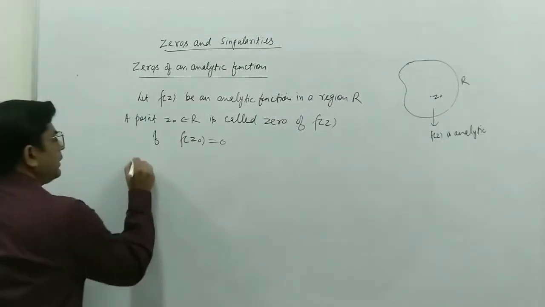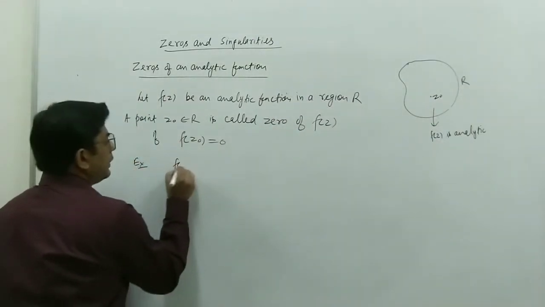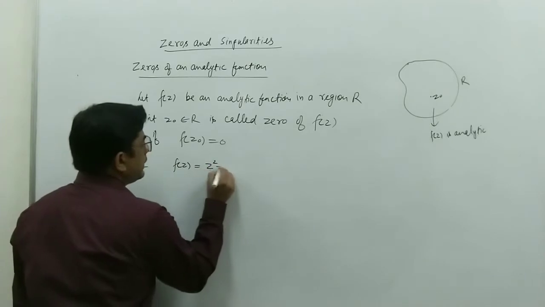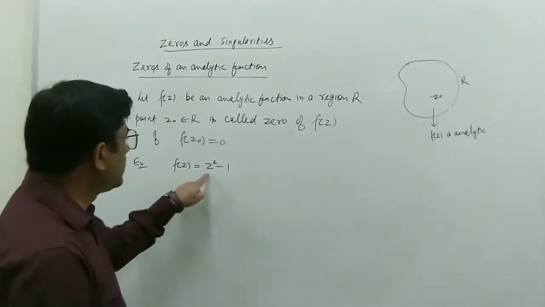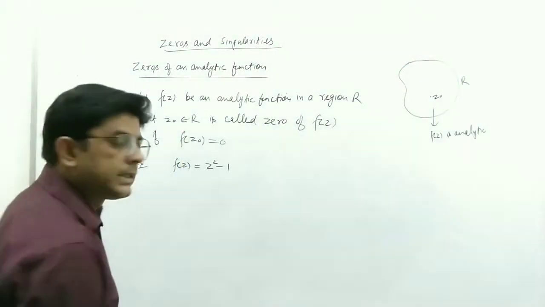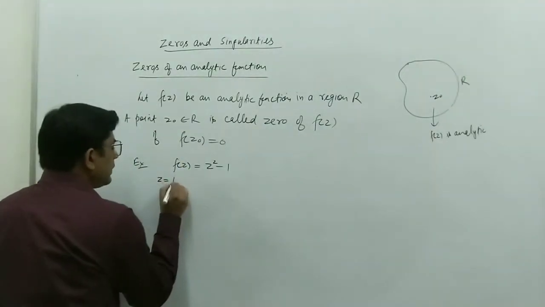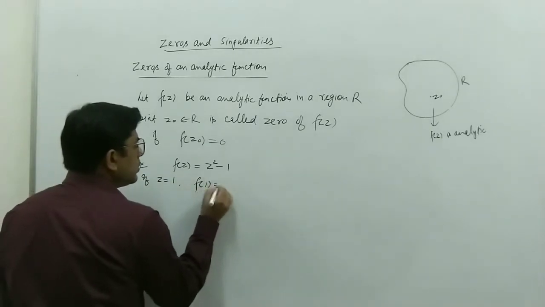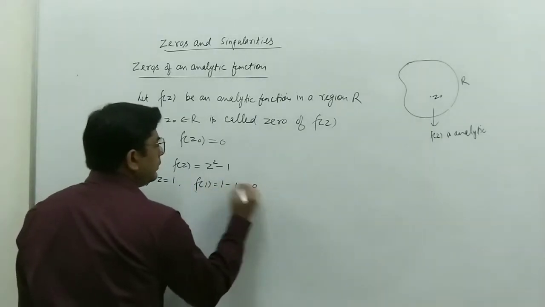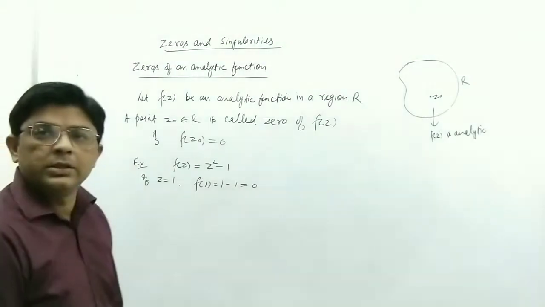Suppose we take f(z) equal to z square minus 1. Here we can see that if we put z equal to 1, f(1) will be 1 minus 1, that is 0.